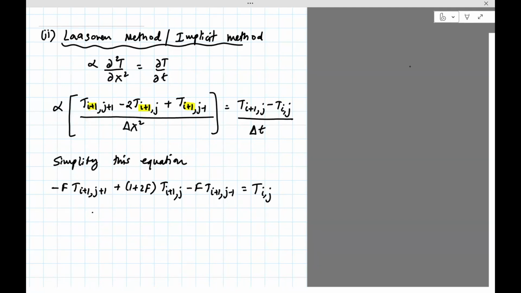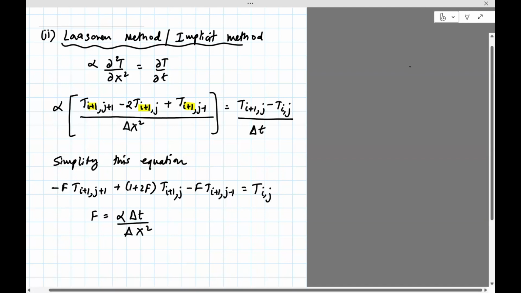Okay, what is f? f is the same as before. It's alpha delta t divided by delta x squared, where there's no condition on f.